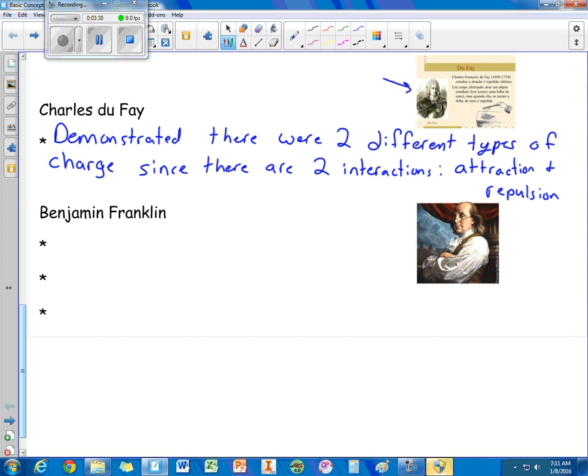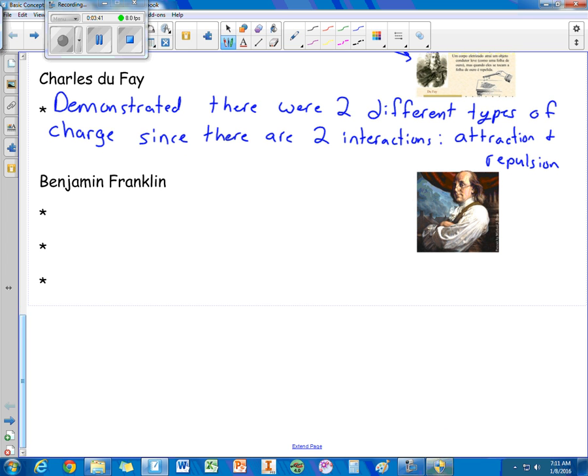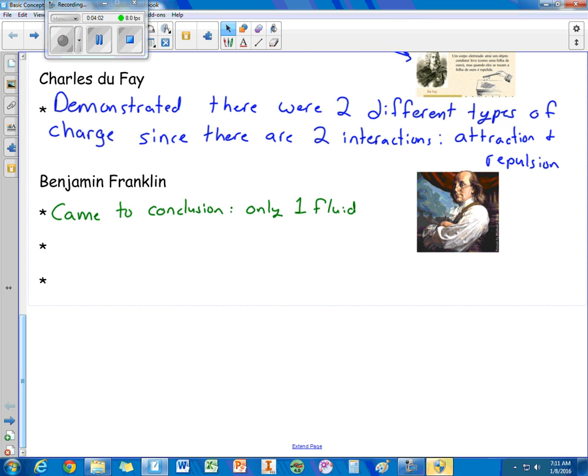Then there was Benjamin Franklin. He came to the conclusion that there's only one fluid. He didn't really think that there were two different charges. He thought that there was just one single charge or one single fluid, and that the two charges that Dufay saw was simply an excess or a deficiency of that fluid.